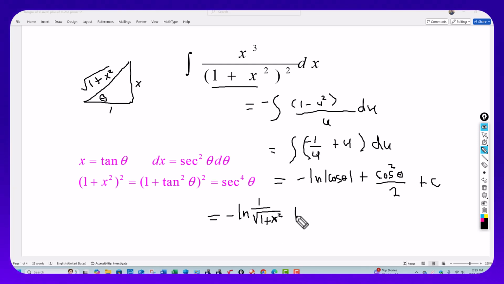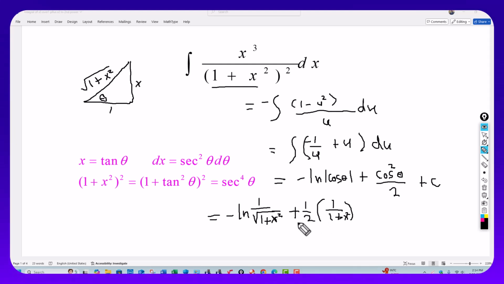And then we've got a plus here. We've got cosine of theta, quantity squared, the adjacent over the hypotenuse, and then that's squared. Cosine theta is 1 over the square root of 1 plus x squared, but then you're squaring that, so that'll be 1 over 1 plus x squared, times 1/2.